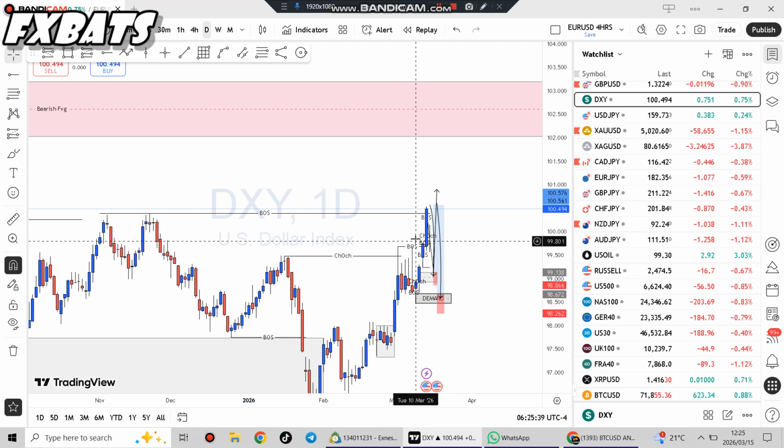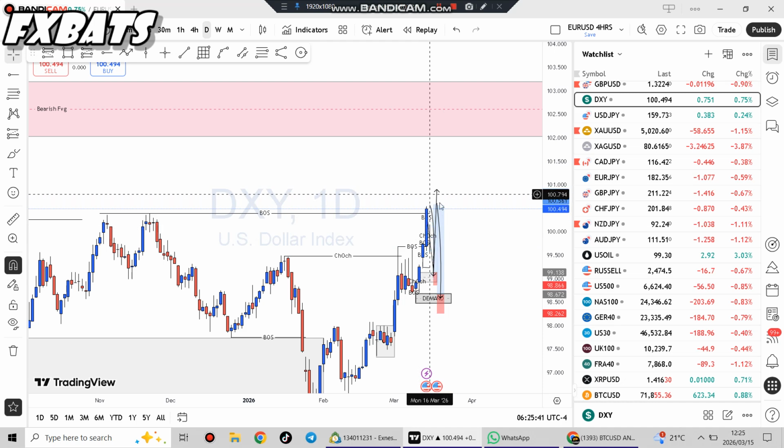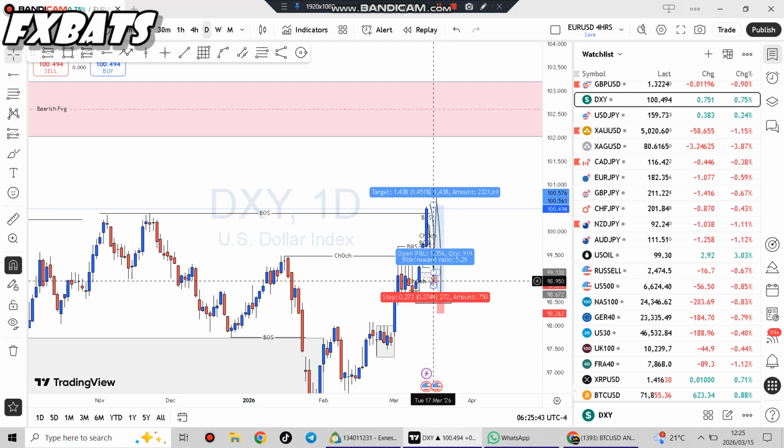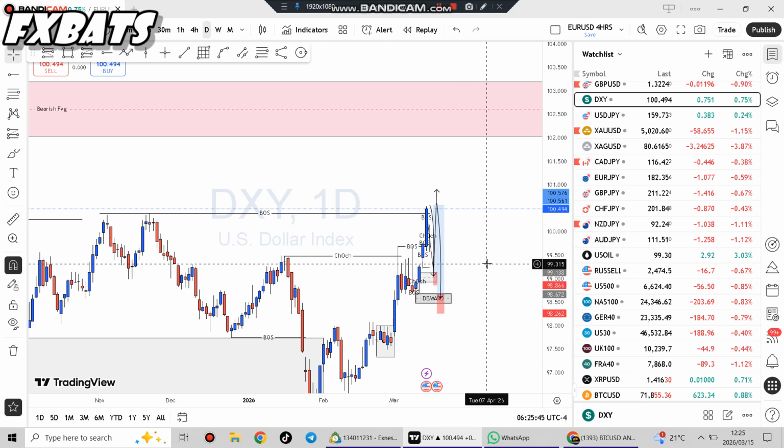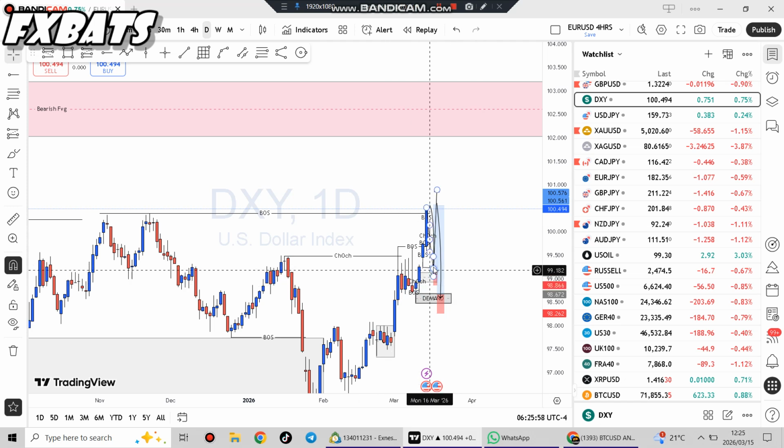We see that external liquidity has been taken out, and now we are left to take the internal liquidity, which is always the imbalance when price expands or takes external liquidity. In most cases, it leaves behind that imbalance in the form of a fair value gap. So on the daily, you could see we have fair value gaps, this first one and the other one here.